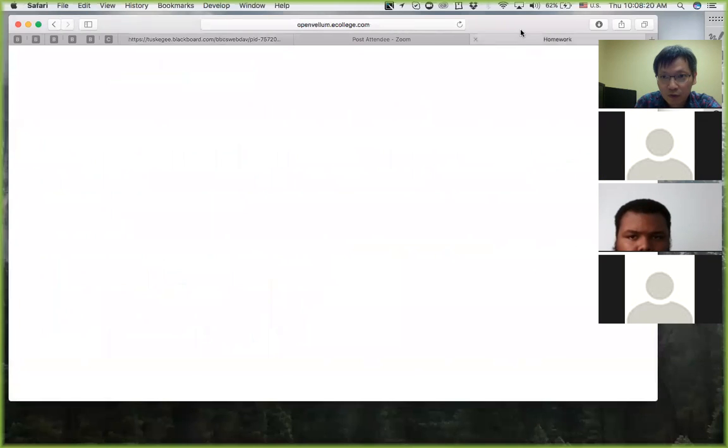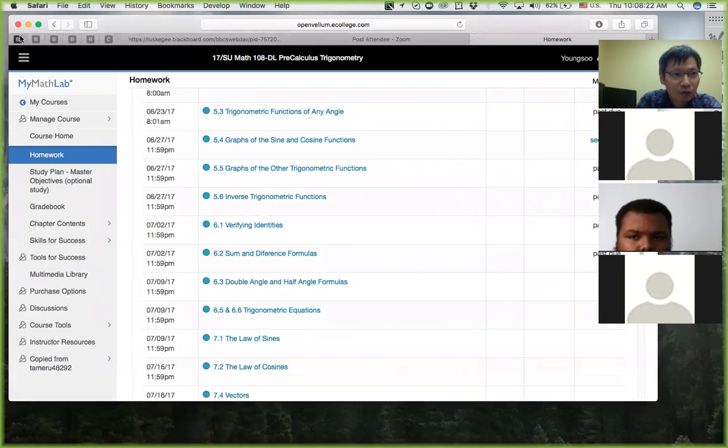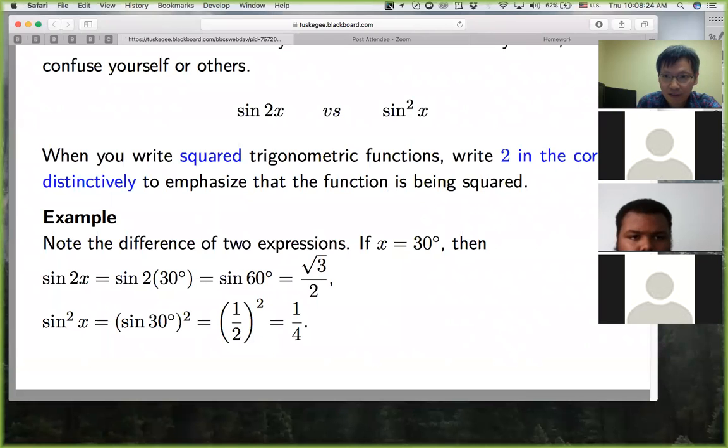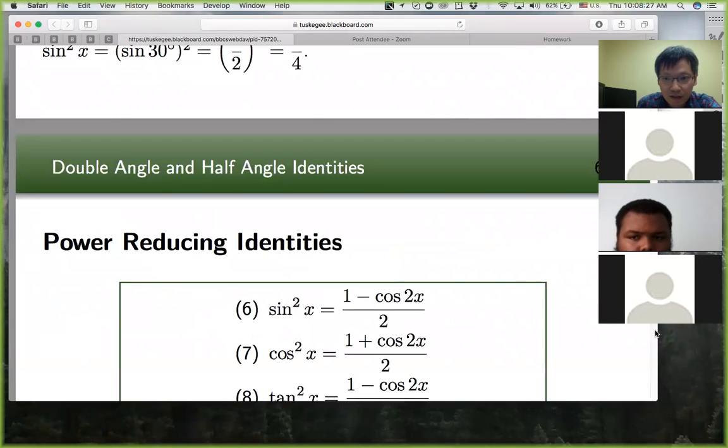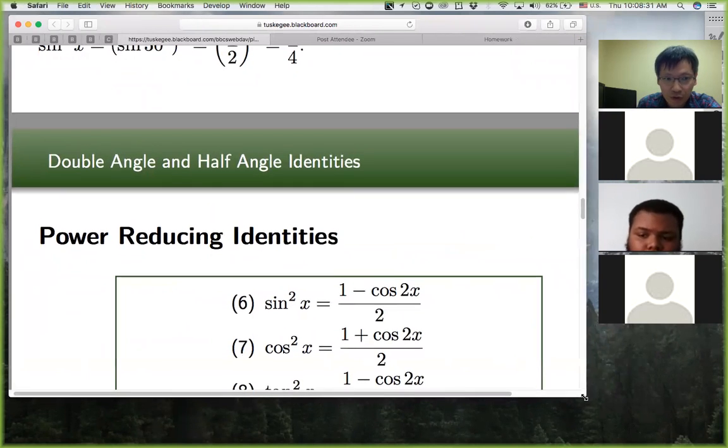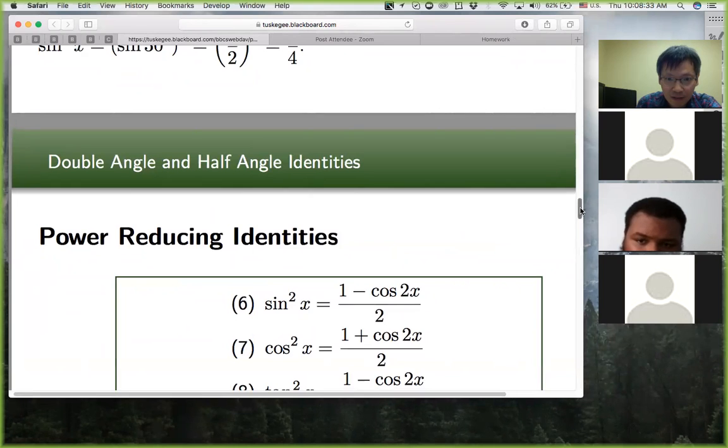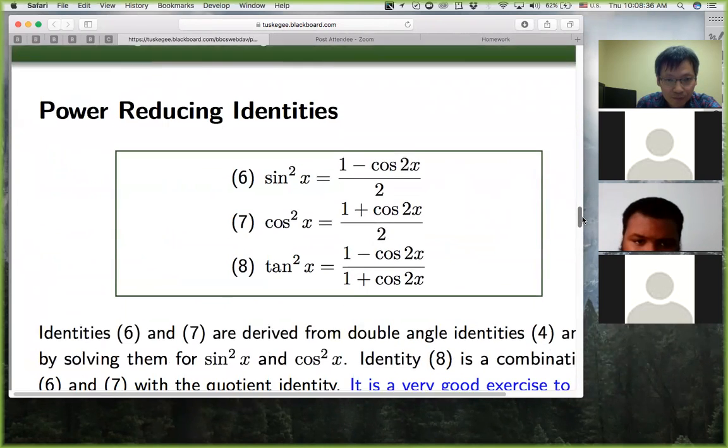Right, let's move on to the half angle identities. In the lecture notes, I wrote also the power reducing identities. You can skip those.